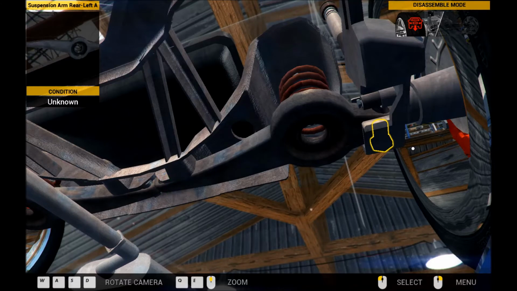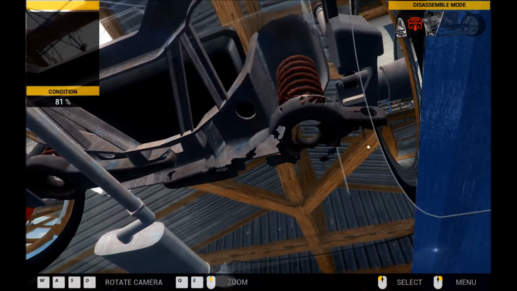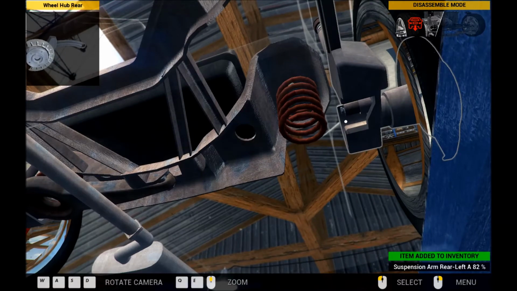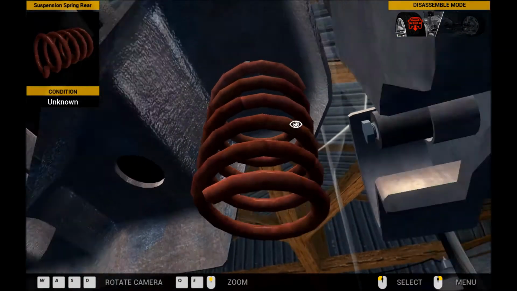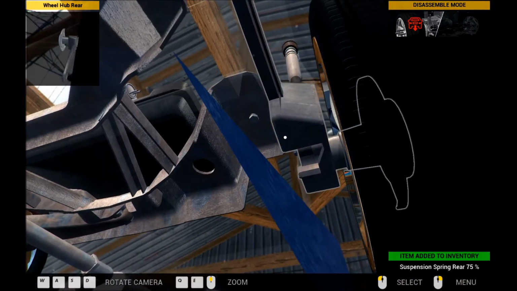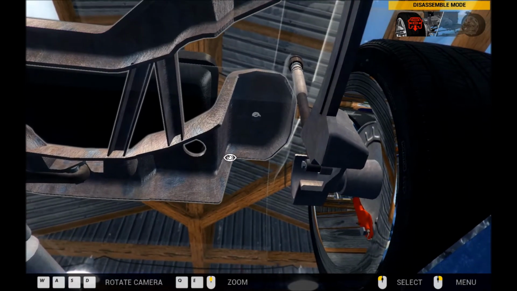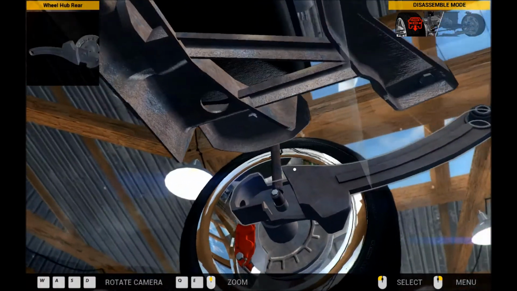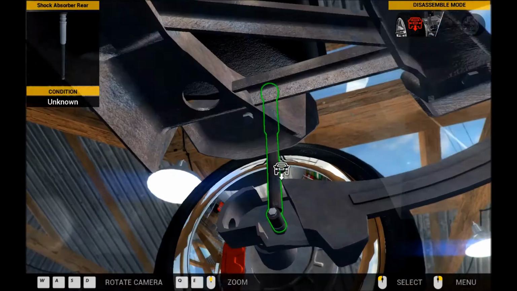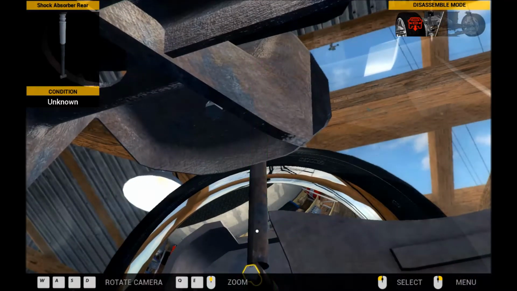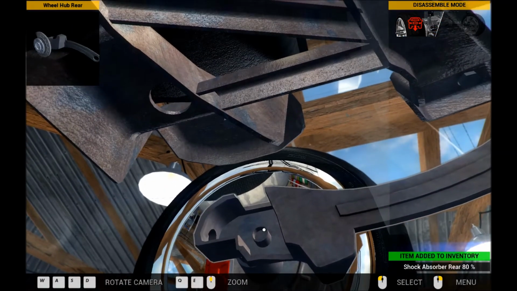Let's have a quick shift date. 82%. 75%. Well, they seem okay. What's that? Shock absorber. That sounds like the sort of thing which might be a bit knackered and make your car noisy. How much was that? 80%.